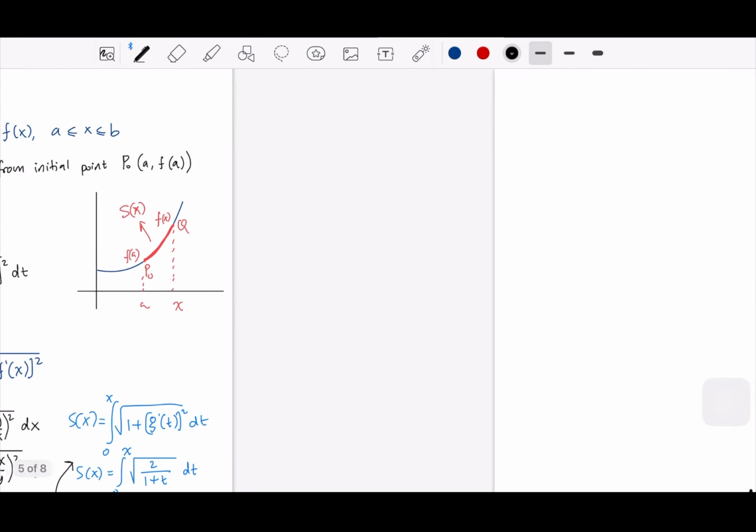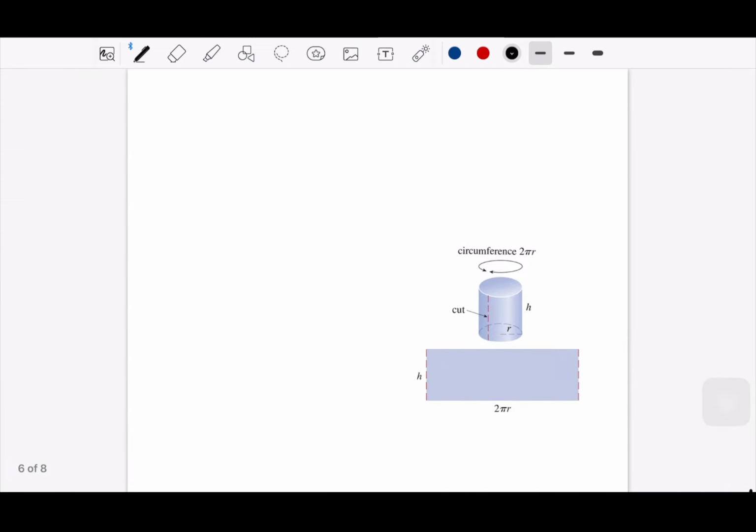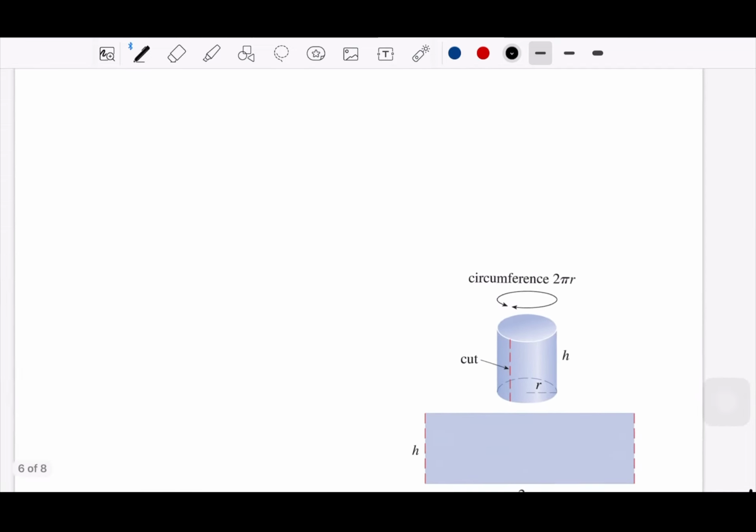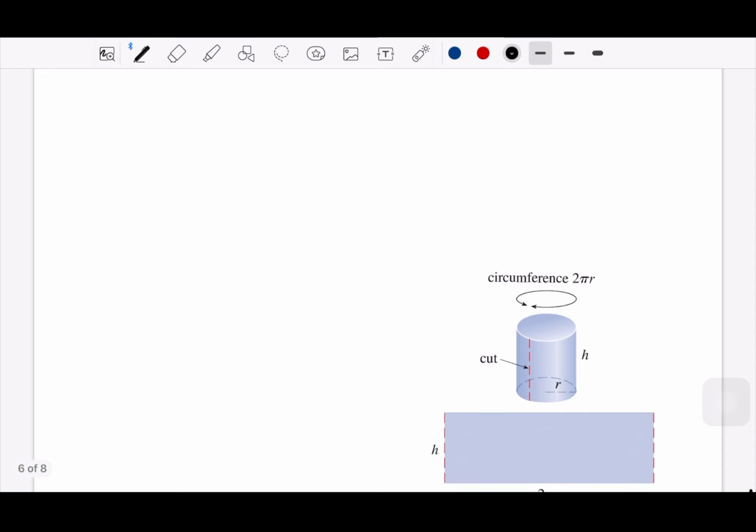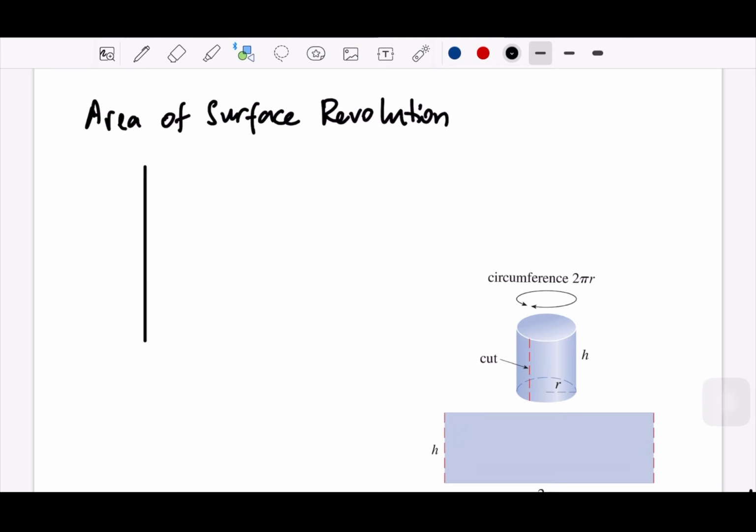So if you look at the surface area, let me just write the title. And suppose we have a curve. Let's say the curve is just like this.